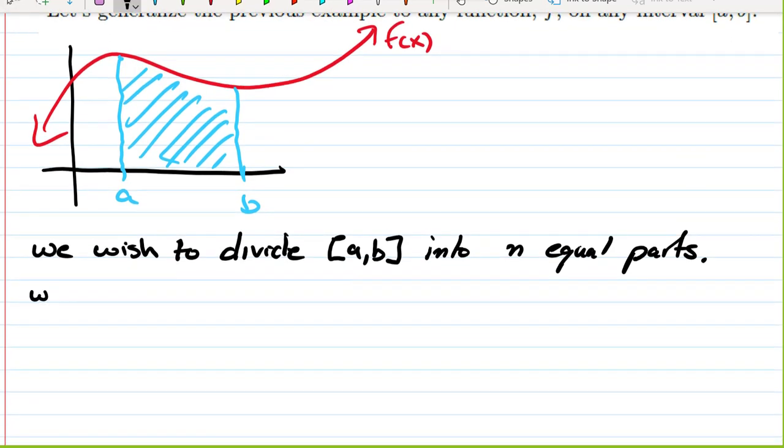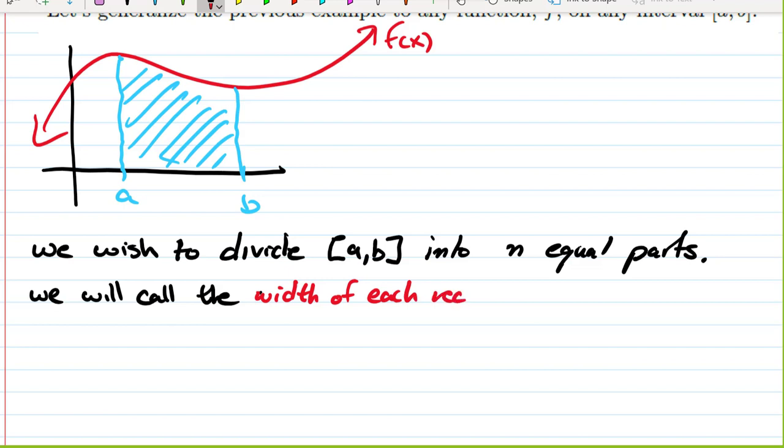We will call the width of each rectangle delta x.